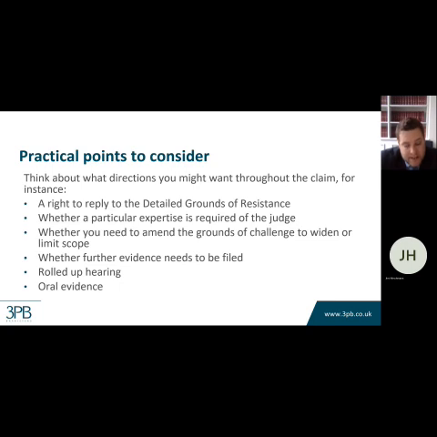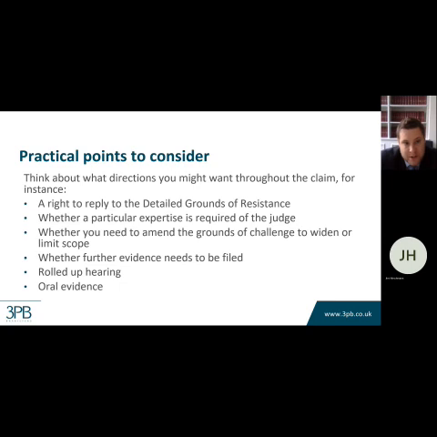You can typically widen or limit the scope of your judicial review throughout the lifespan of it, and it's important that you bear that in mind whenever you're considering documentation. Fourthly, perhaps an obvious point, think about what further evidence needs to be filed all the way through your claim, particularly after you've received the other side's pleadings.